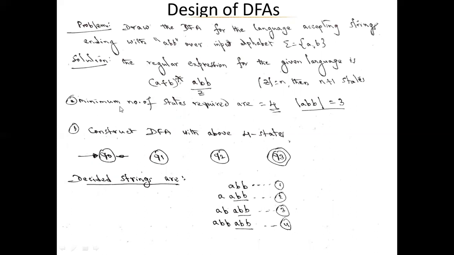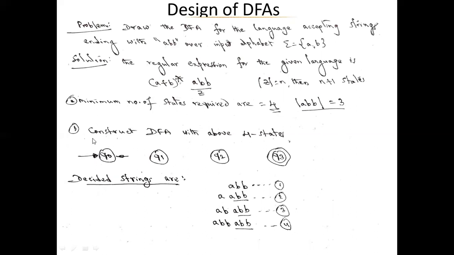That is the first step. In the first step, we need to find the minimum number of states required to construct the transition diagram or DFA. After deciding, we need to draw those states. Four states are required because the length of ABB equals 3. Then the 4 states are Q0, Q1, Q2, Q3. Designate Q0 as the initial state.